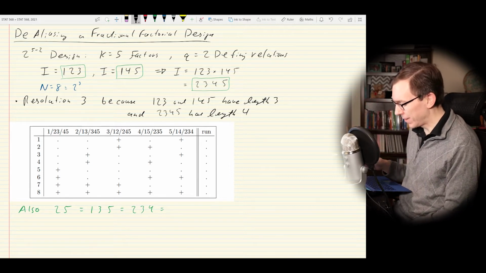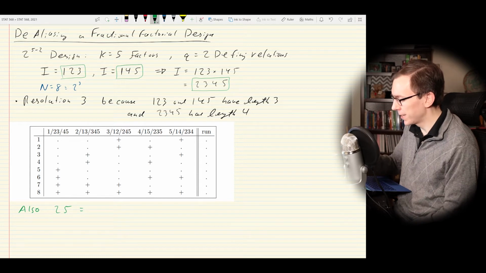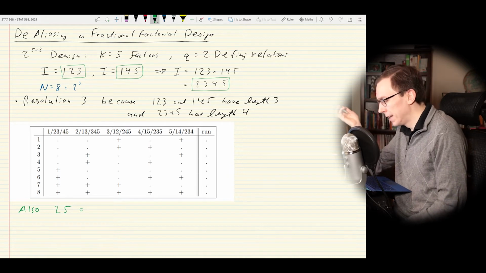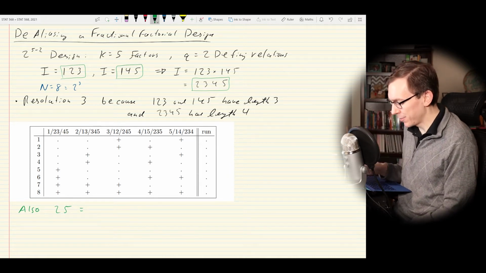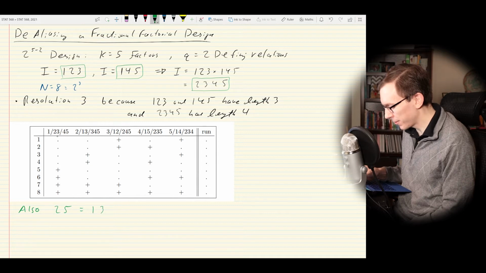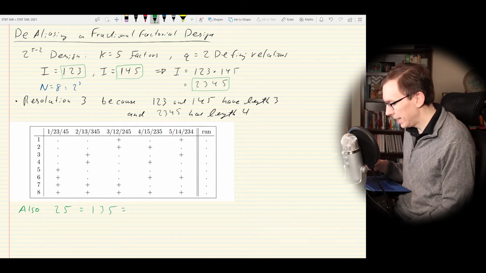And now if I try to redo this aliasing that I was doing down in the bottom here, I still maintain that 2,5 does not appear anywhere in the columns of this table. So if we take 2,5 and we multiply it by everything here, 2,5 is aliased with 1,3,5 as before. It's also aliased with 1,2,4.